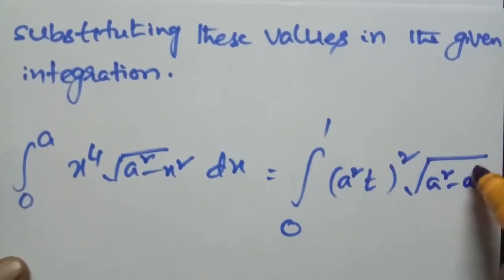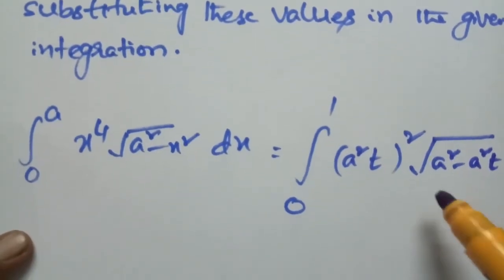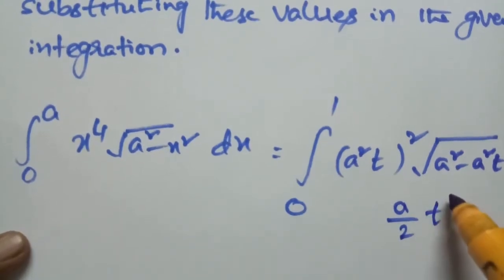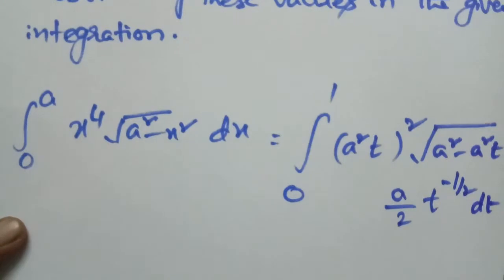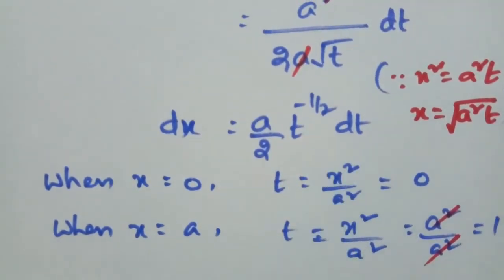We assumed that x square is a square t, so dx is equal to a by 2 into t to the power of minus 1 by 2 into dt.